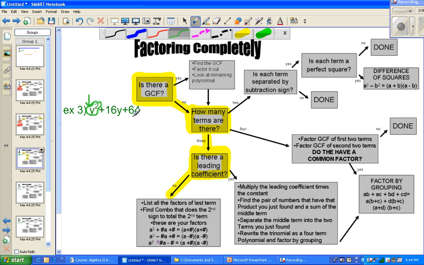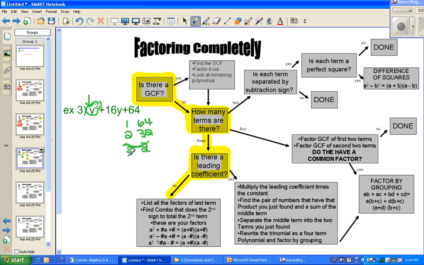So our last factors is 64, so we're going to do 1 and 64, 2 and 32, 3, and nope, 3 isn't going to work, 4 and 16, 5 isn't going to work, 6 isn't going to work, 7 isn't going to work, and 8 is our last one, because 8 times 8.